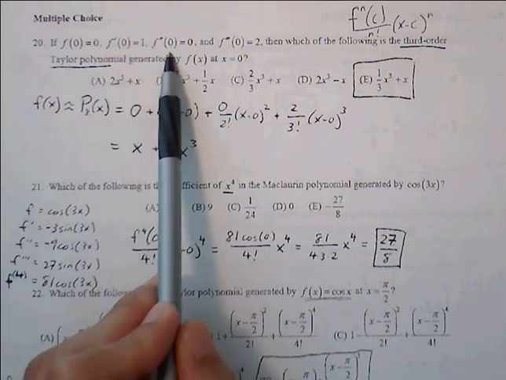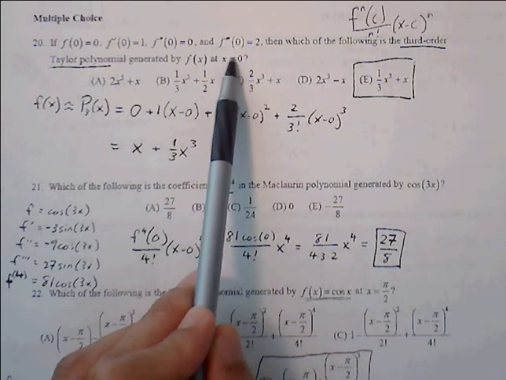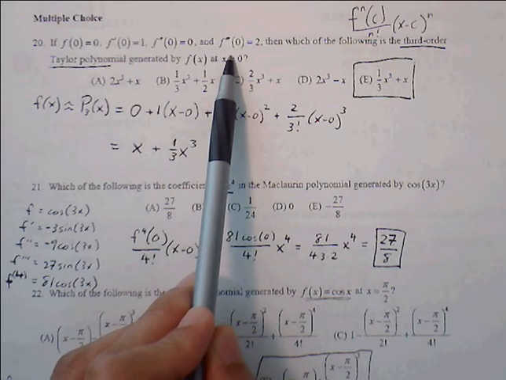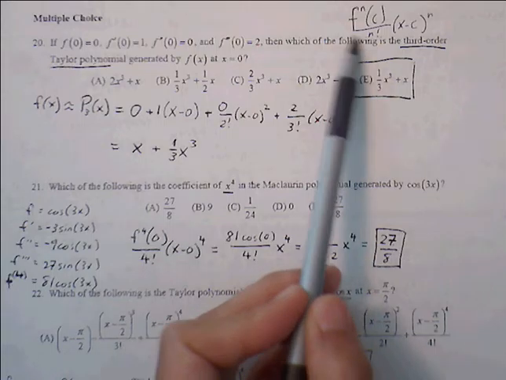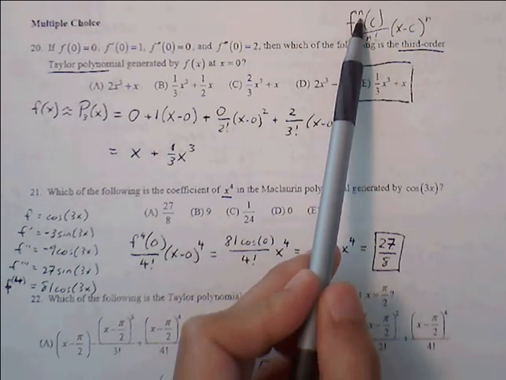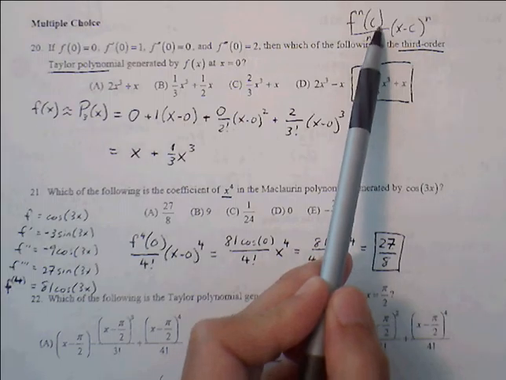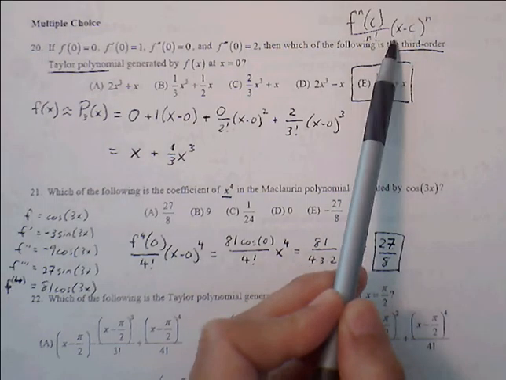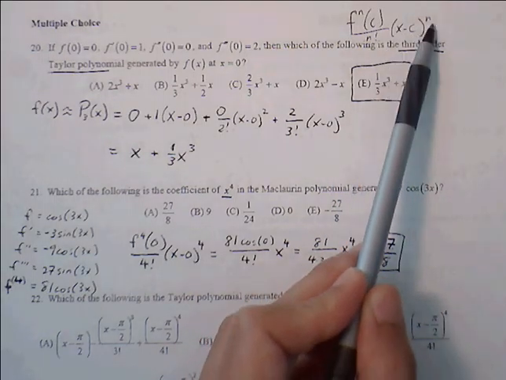We're given a lot of information, so we don't technically have to build our third order Taylor polynomial. But we can always refer back to our Taylor rule, which is the nth derivative evaluated at c, our center, over n factorial times x minus our center raised to the nth.